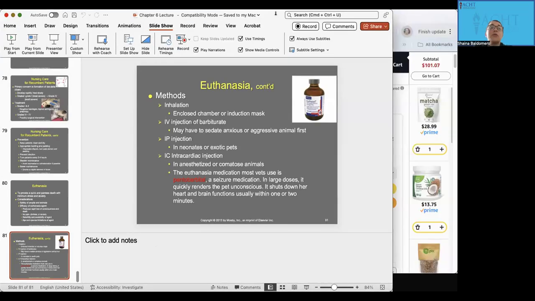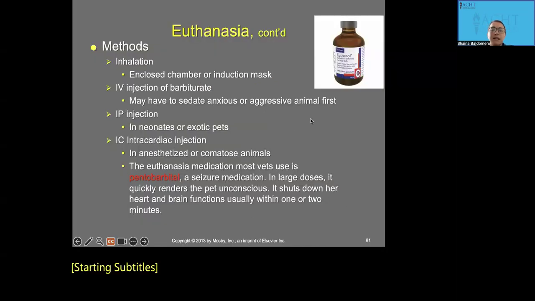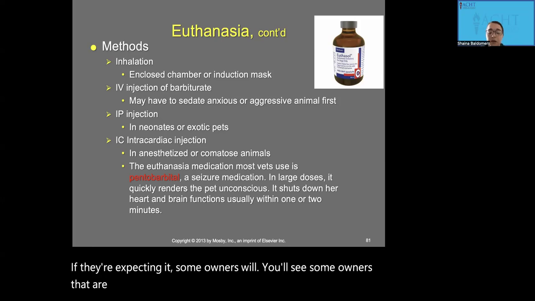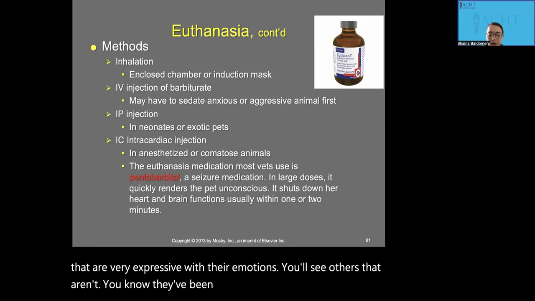A lot of owners will react differently to euthanasia. We do talk about this in some other modules, but owners will act in all sorts of different ways. Some owners are very expressive with their emotions. Others aren't, because they've been expecting it or they know that it's been coming.